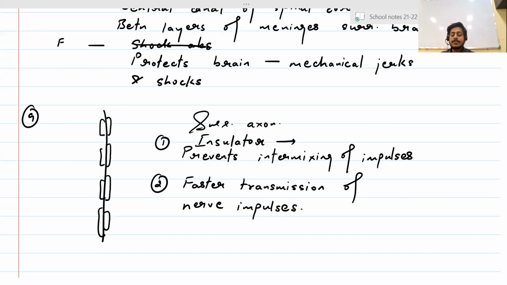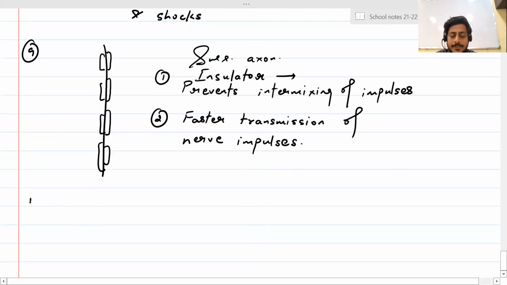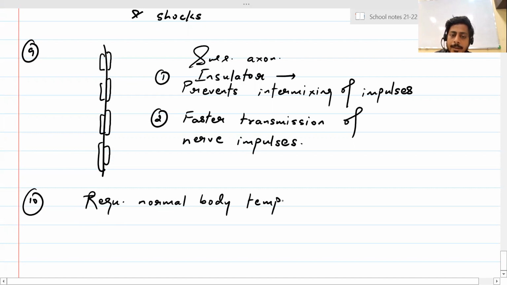The 10th question that we had written from nervous system, which was last from this set for today, was the function of the hypothalamus. Hypothalamus ka function is basically borrowed from grade 9. It helps to regulate normal body temperature. The second function you can remember with hypothalamus is the one associated with endocrine.